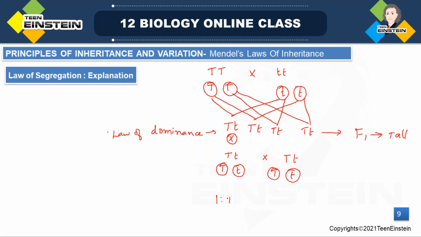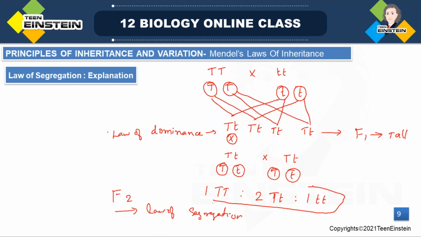We get one homozygous dominant, two heterozygous dominant, and one homozygous recessive. So in this F2, both the characters are expressed. Here comes the law of segregation, where both the characters are expressed in F2.